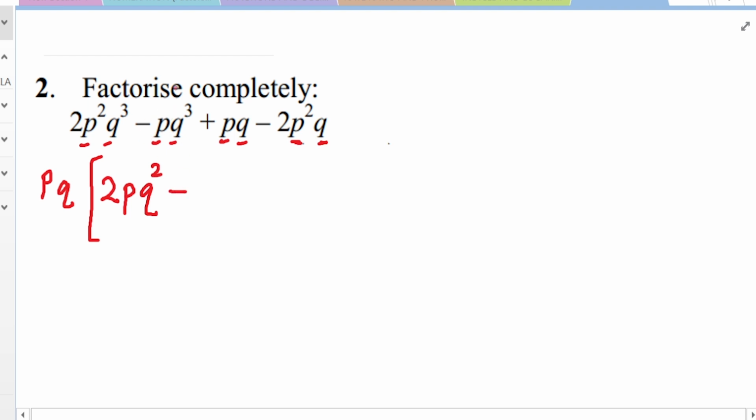Then minus the next expression is PQ cubed. This divided by PQ, we remain with minus Q squared, then that is plus PQ divided by PQ, that is plus 1. Then we have negative P squared Q, divide that by PQ, that means remain with minus 2P, like that.